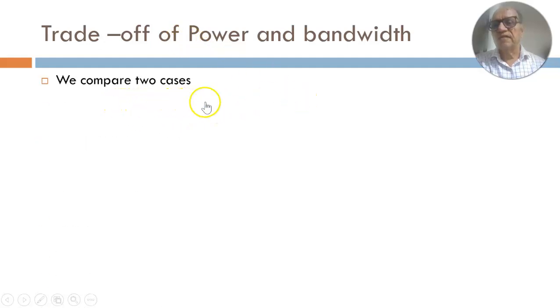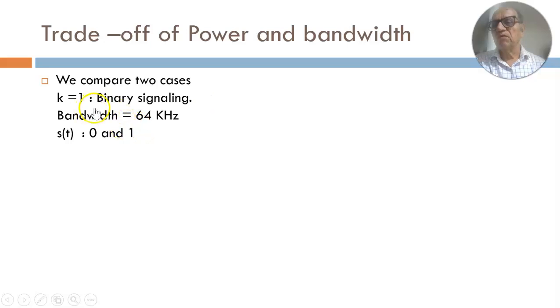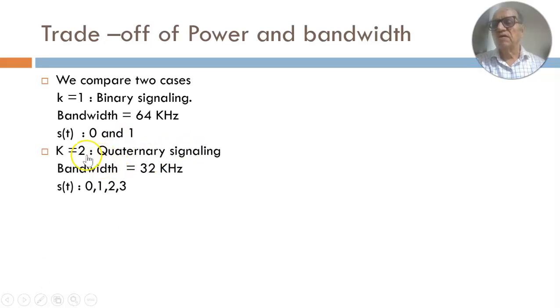So we compare two cases. K equal to 1, binary signaling, we have already seen bandwidth is equal to 64 kilohertz. And S(t) is either 0 or 1. For quaternary signaling, K is equal to 2, and we have seen bandwidth is 32 kilohertz, half of this bandwidth, and S(t) has amplitudes of 0, 1, 2, 3.